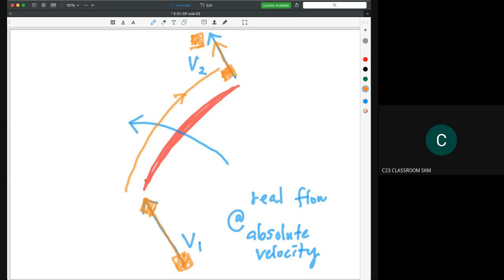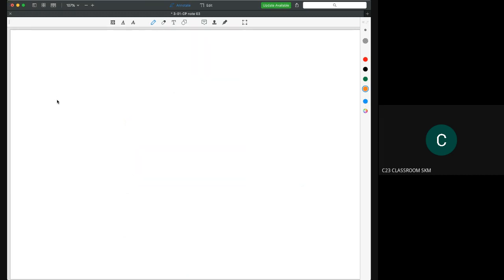Imagine we have a blade like this, rotating counterclockwise, from right to left, and then we have V1 like this and V2 like this. To make it simple, we have a blade here with a rotational speed of the blade like this, counterclockwise.